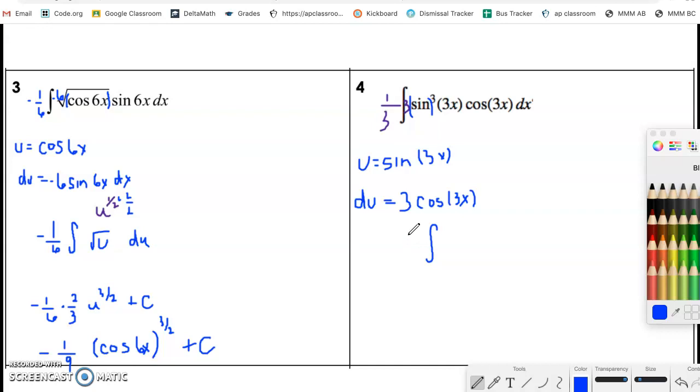So 1/3 times the antiderivative of u cubed, and the 3 cos 3x and dx go away and become du.